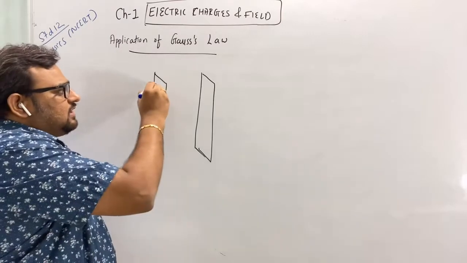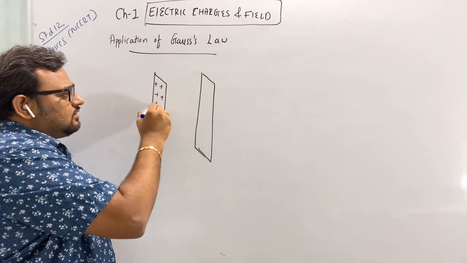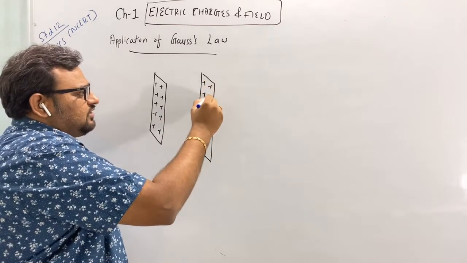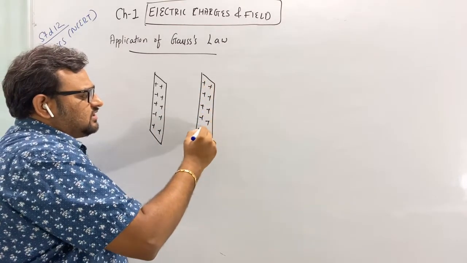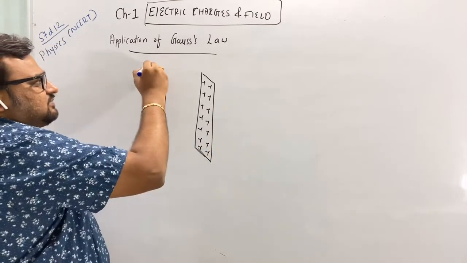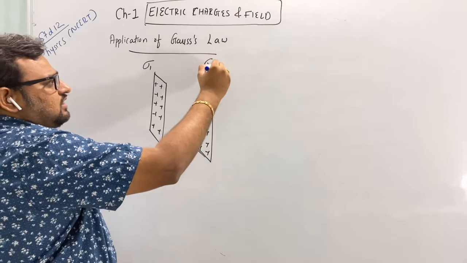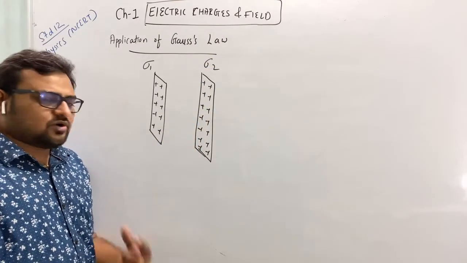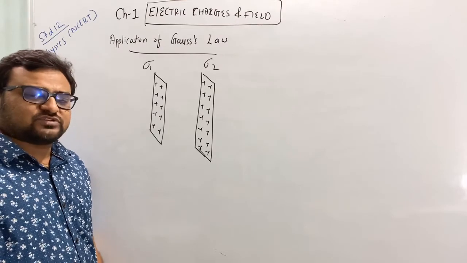On one plate there is positive charge, and on another plate also there is positive charge. Let's say the charge density here is sigma 1 and here is sigma 2. Clear?